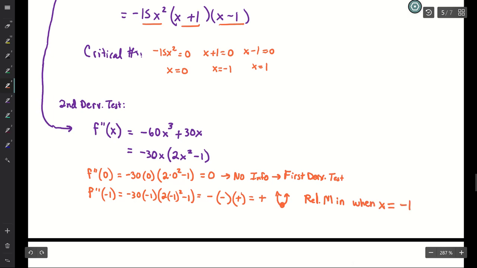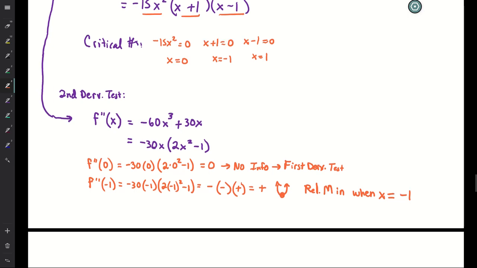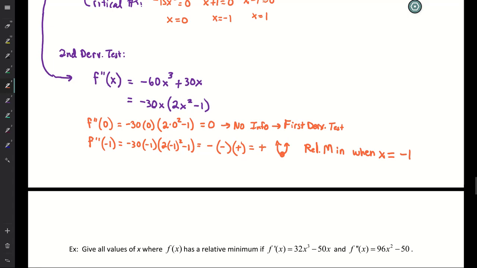Negative 1. Okay, and like I said, we're not actually going to find the relative min on this particular problem. We definitely could. If we were asked to find the minimum, we would now plug negative 1 back into the original function to find that y value. But this particular problem only indicated we wanted to tell which we would have, a min or a max.